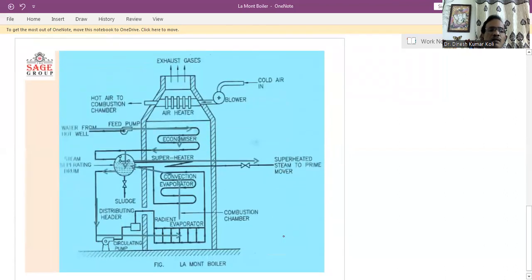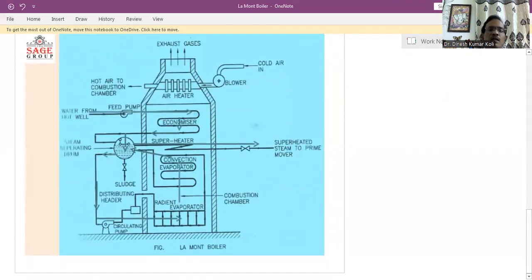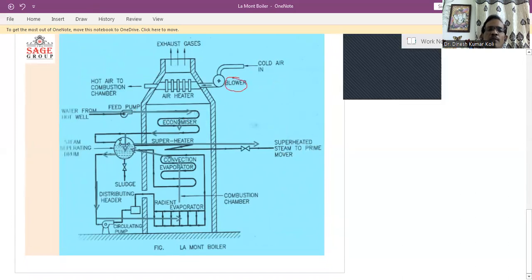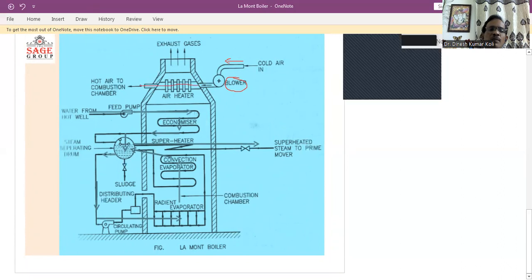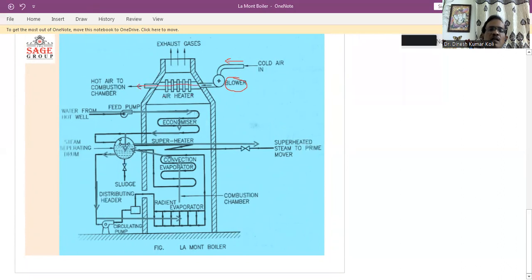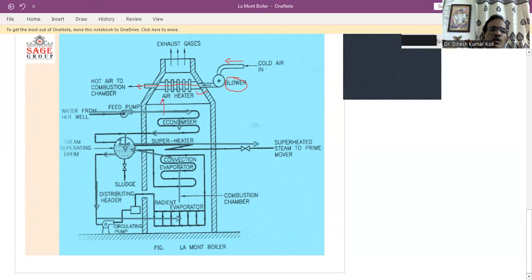So this is the schematic diagram for the Lamont boiler. From the top side you can see this is a blower, and the cold air is coming from this side. Cold air will come with the help of the blower and pass through this air preheater section. From this side you can see the hot gases moving upward.